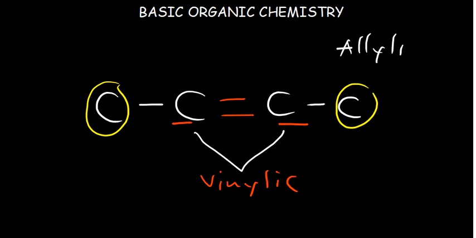So allylic carbons are carbons that are attached to vinylic carbons, where vinylic carbons are the ones that take part in the double bond formation. If they ask you to explain what allylic carbons are, they are carbons that are adjacent to a double bonded carbon atom. As you can see, these are adjacent to a double bonded carbon atom, so they are referred to as the allylic carbons.